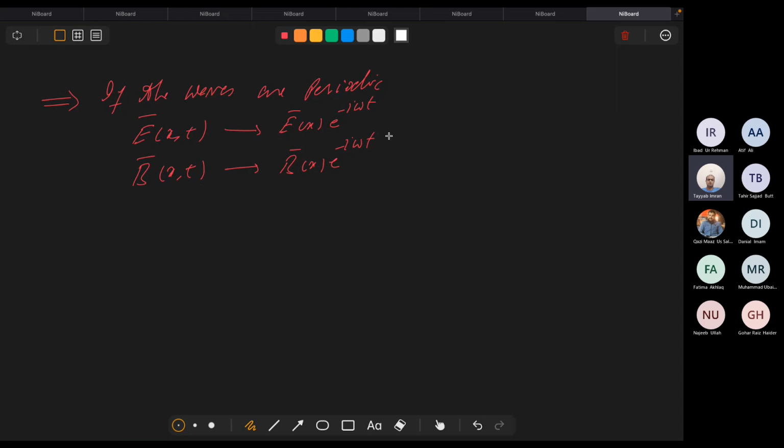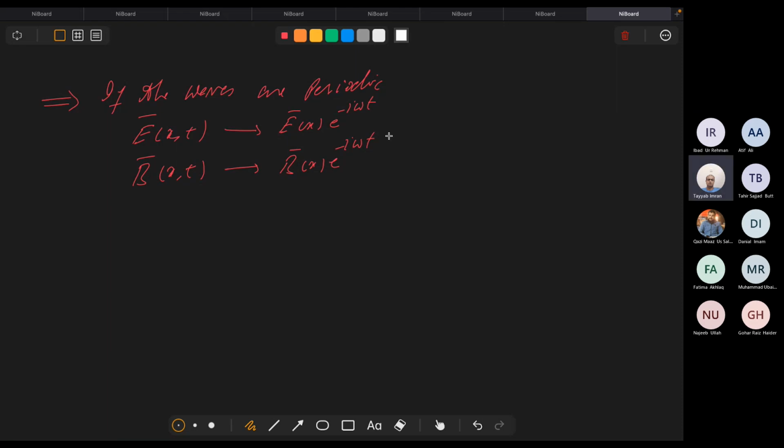So electric field and magnetic field can be written in the form as written there, that we separated its x-axis component and separated its time part. So only we are considering x-axis components here, okay.